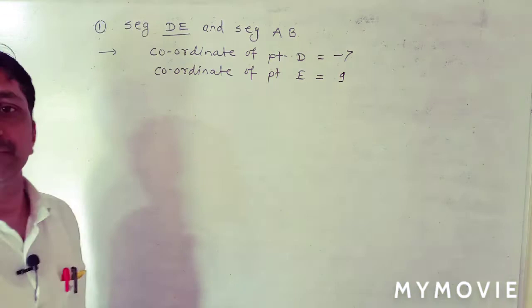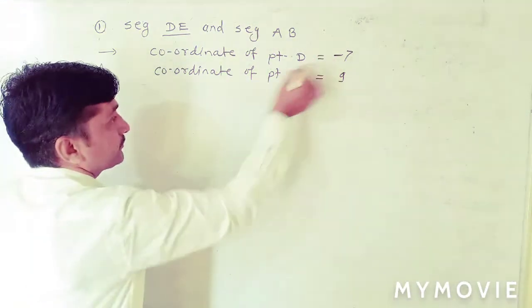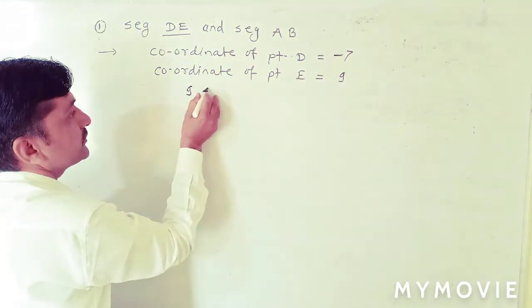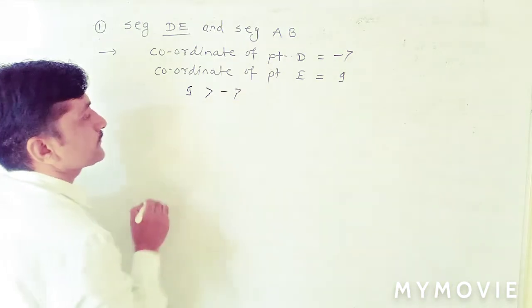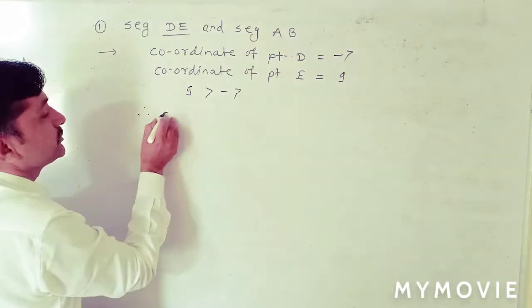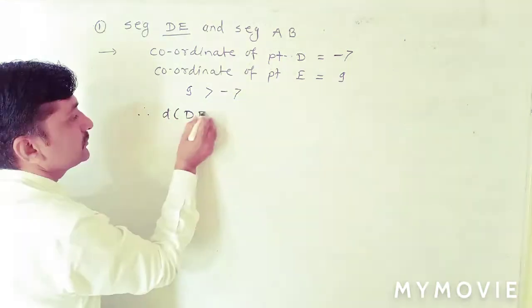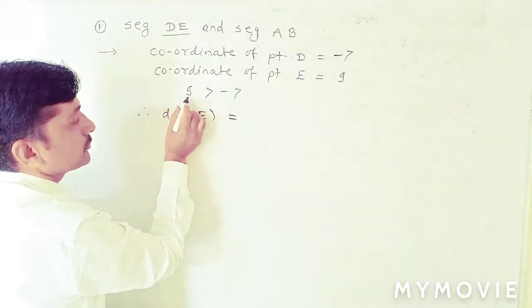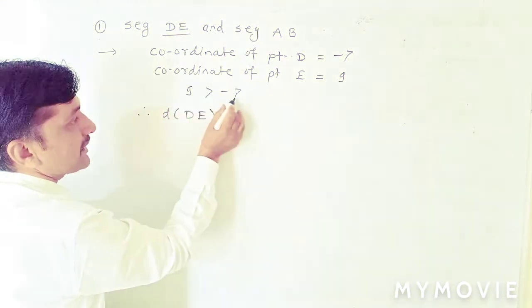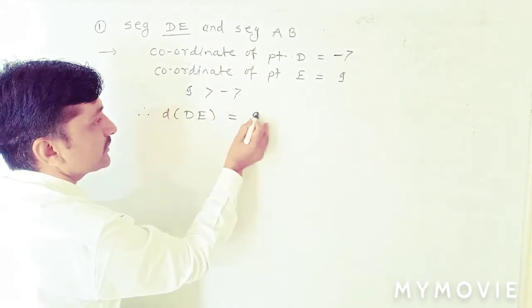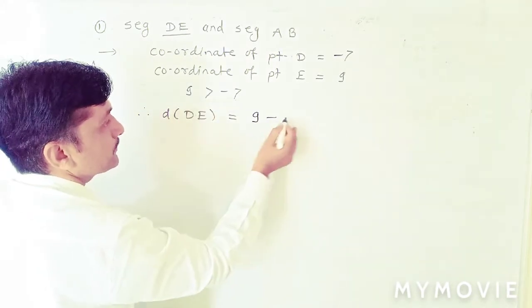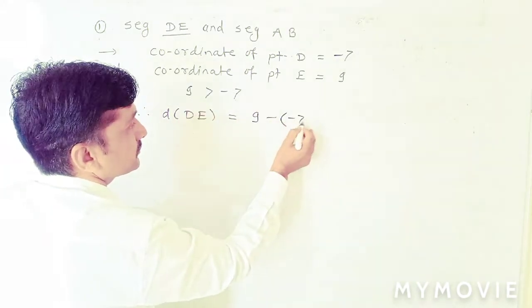Now find the distance between these 2 points. For that compare them. 9 is greater than -7, and therefore distance DE is equal to bigger coordinate minus smaller coordinate. Bigger coordinate is 9, minus for subtraction, and smaller is -7.